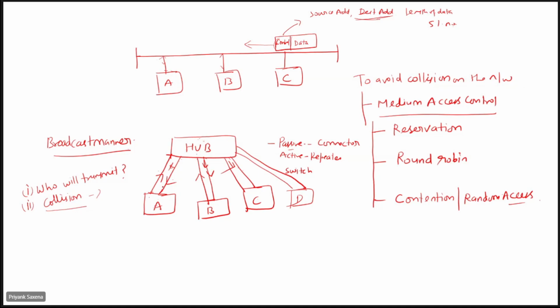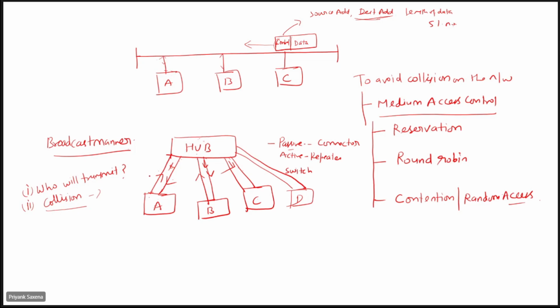Two links are provided so that the possibility of the collision is reduced, but the collision can still happen inside the hub, right? But if I talk about the throughput of this topology, can anyone say what will be the throughput of this topology?